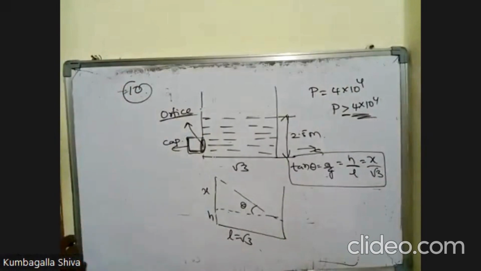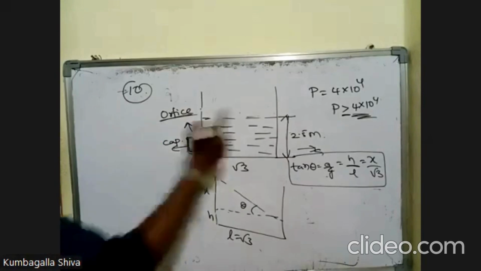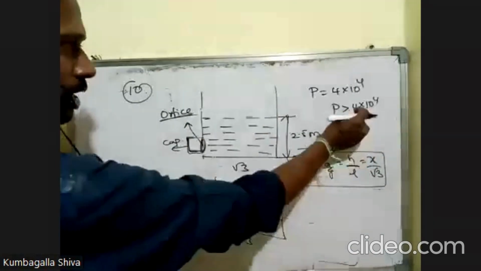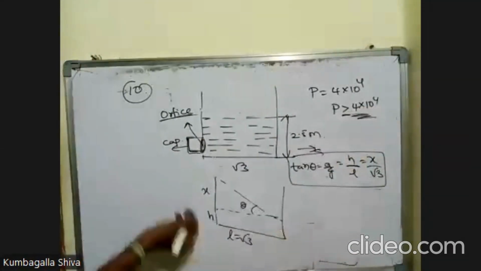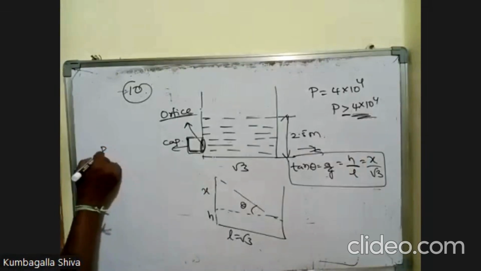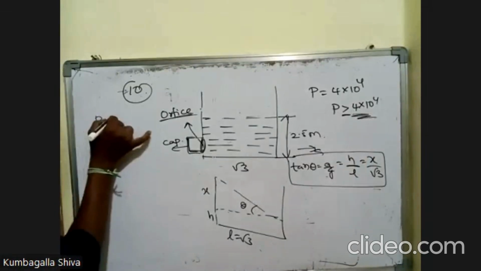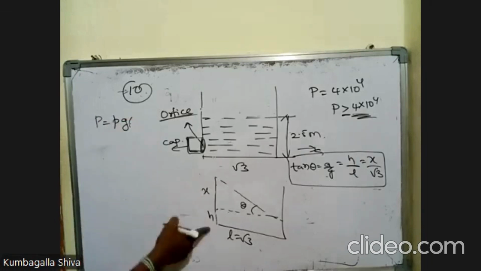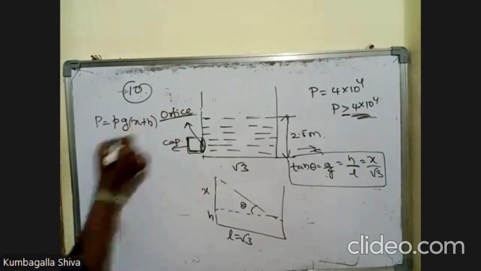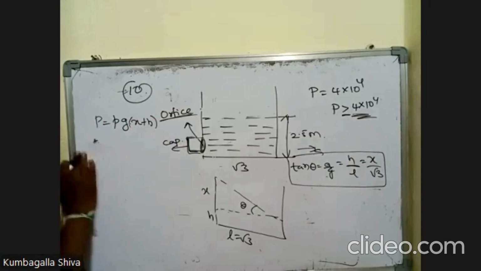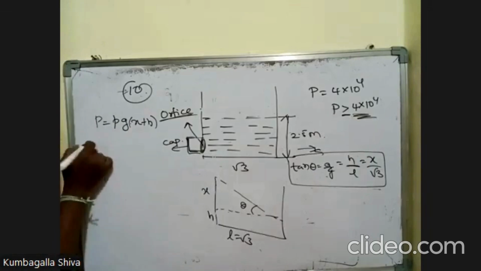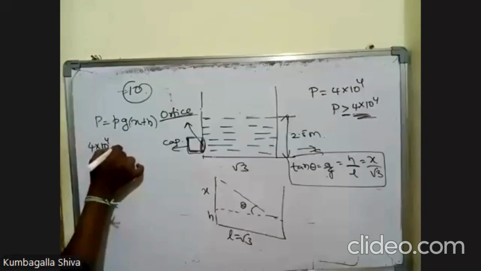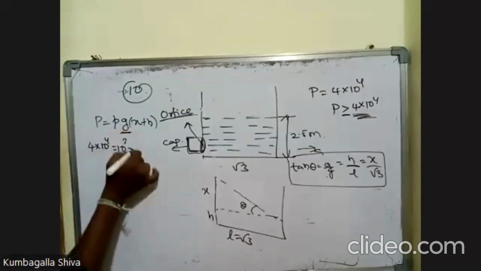Okay, now getting into the context. What is the pressure here? You have 4 into 10 power 4; when it is equal or greater than that, you can take 4 into 10 power 4. According to the pressure formula, P is equal to rho g, and here the height will become x plus H. P is given as 4 into 10 power 4, density is 10 power 3 as this is water, and acceleration due to gravity is 10.